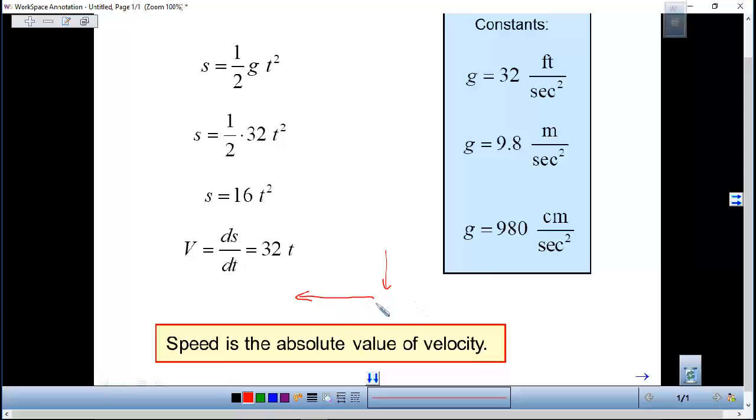If we're going left and right, negative velocity typically is going to the left, where positive would be going up or right. Speed is the absolute value of velocity in that it takes the sign out of it. So the sign, since that's your direction, we don't know which direction it is when we're talking about speed. Whatever direction we're going, speed is just how fast we're going in that direction. Direction is taken out of the thing completely.